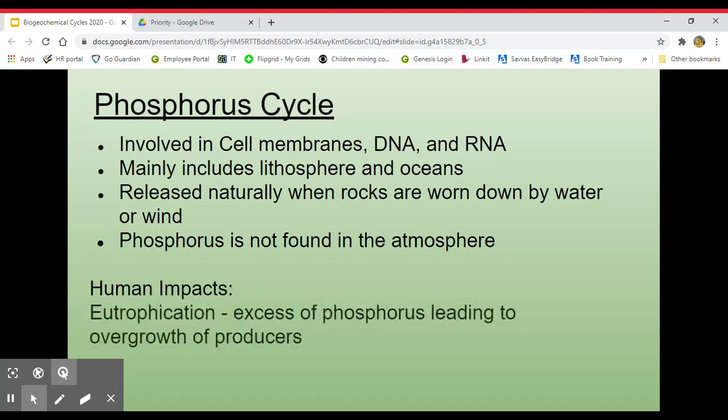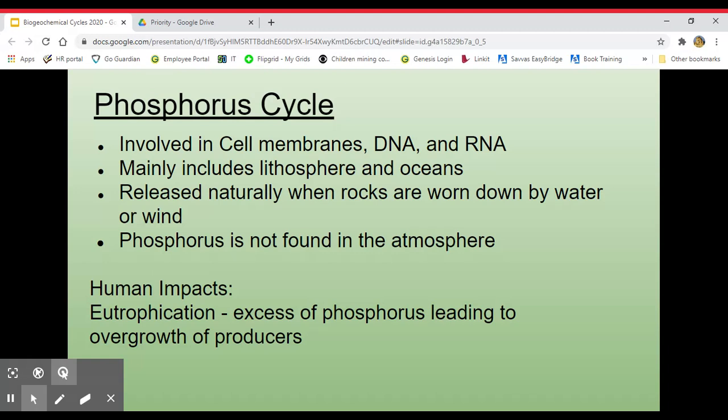One of the major human impacts is the eutrophication process. This is any time that you get an excess of phosphorus leading to an overgrowth of producers. This is typically near farms where they have lots of fertilizer laid down, and when you get runoff from rainfall, that fertilizer gets moved into a body of water or a swampy area where there can be an overgrowth of producers.